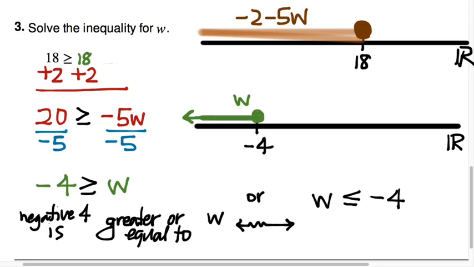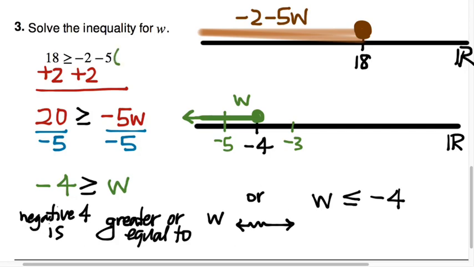But remember, this solution set doesn't only contain -4, it also contains all these numbers that are to the left of it. So we should check one of those too, just to be sure that we didn't miss something. So give me an example of a different number that I could check that belongs to this set. Yeah, -3 is here, but -5 is there. And -5 would seem to belong to my set. So let's try -5 and see what happens.